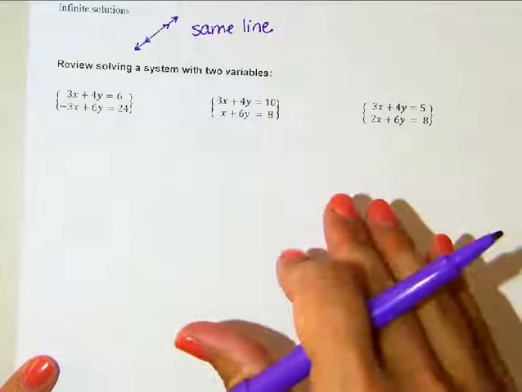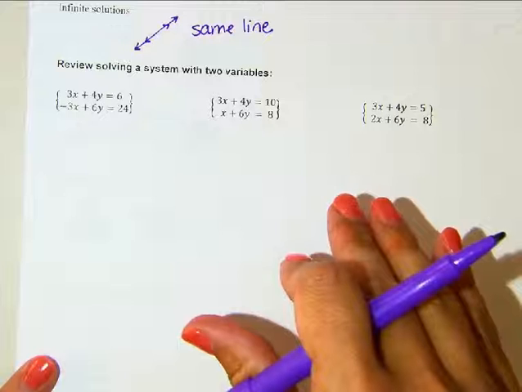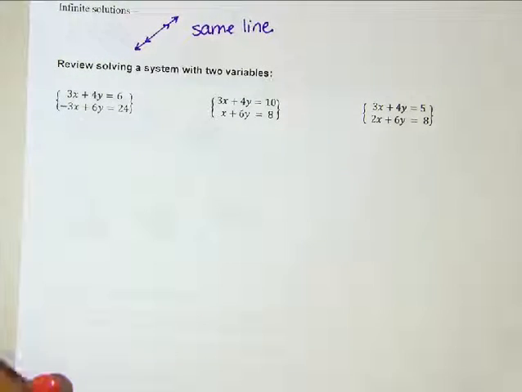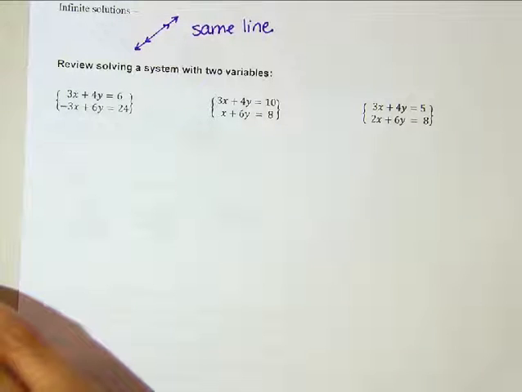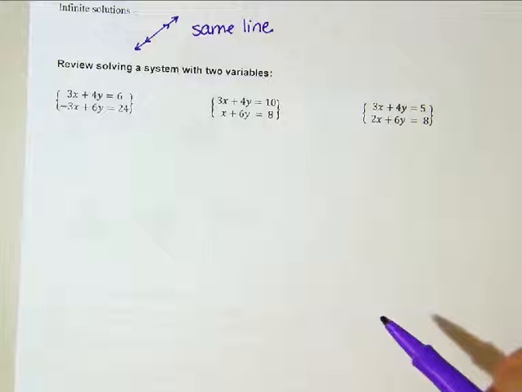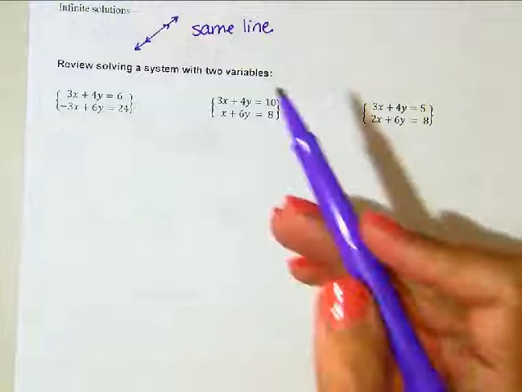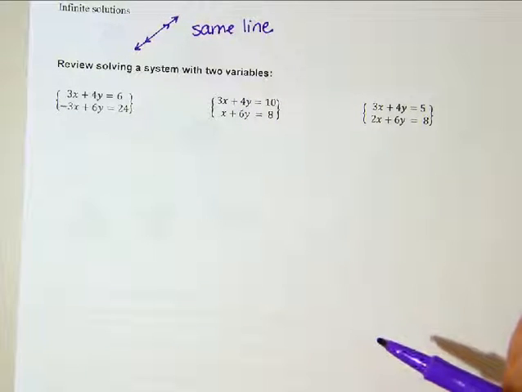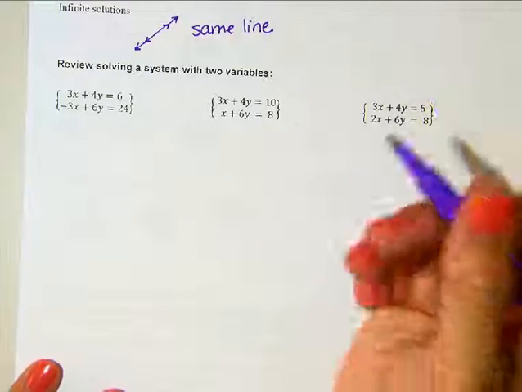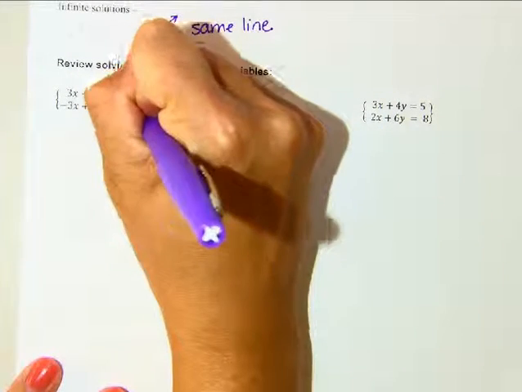All right, so we're going to practice solving these systems with two variables, and I want you to use elimination for these. You'll use some substitution with the systems we're going to do, but mostly we'll do elimination. I want you to get in the habit of numbering the equations, so this is equation 1 and equation 2.